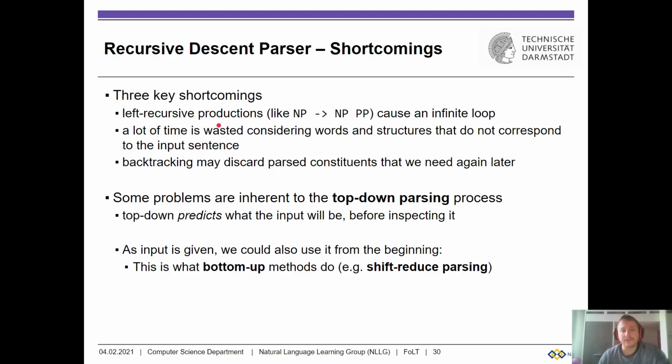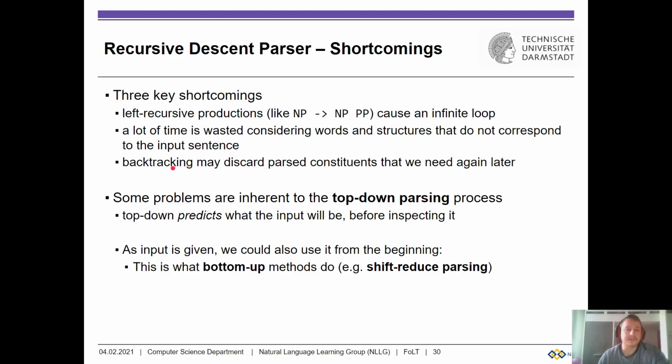Secondly, a lot of time is wasted considering words and structure that do not correspond to the input sentence, because you try out everything, right? N goes to man, so the noun goes to man, the noun goes to cat. So you try out all of them just to check whether it matches the actual data, which is a waste of time.